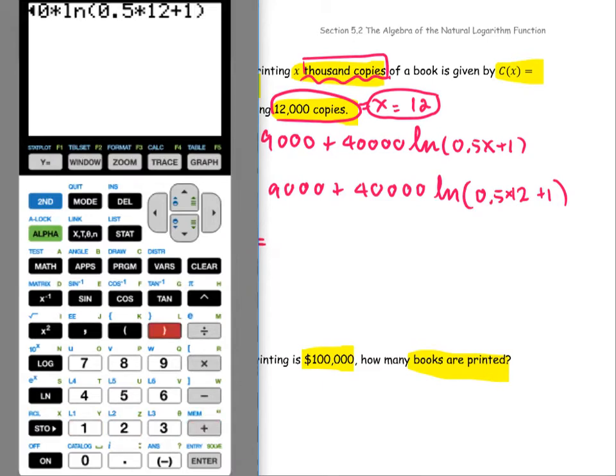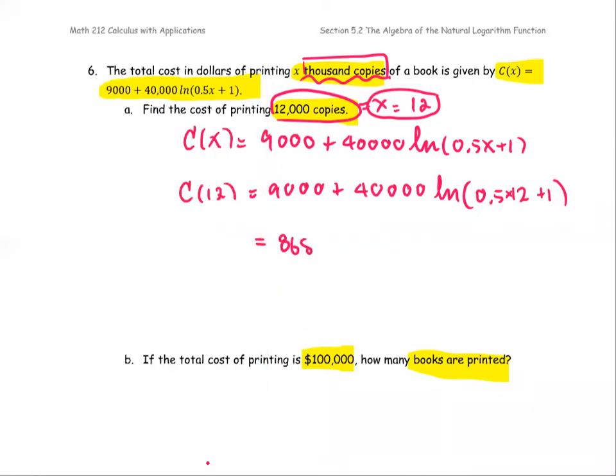Close the parentheses, hit enter. The number comes out to be 86,836.41. The total cost is in dollars, so we keep 2 decimal places. So the value is $86,836 and 41 cents.